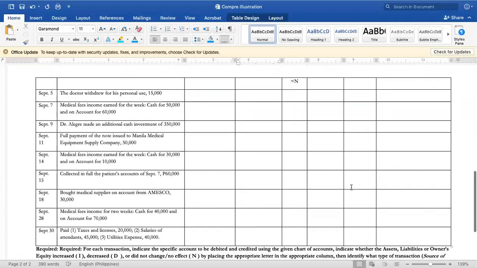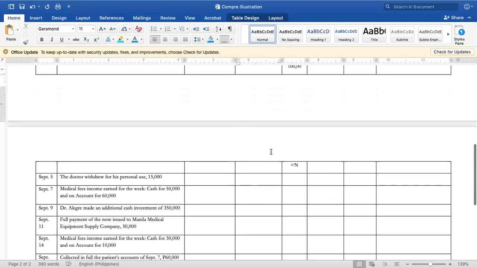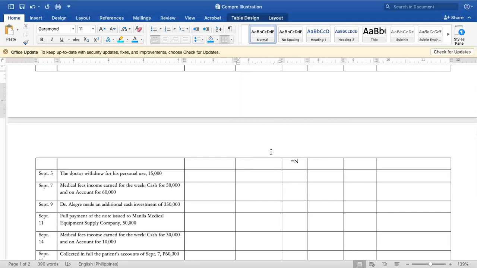Okay, September 5, the doctor withdrew for his personal use 15,000. Okay, take the medical clinic, Dr. Alegre took 15,000 for his personal use. He withdrew. Therefore, what do we credit? Of course, right? Dr. Alegre withdrew, so we credit cash, right? Because Dr. Alegre was given cash.